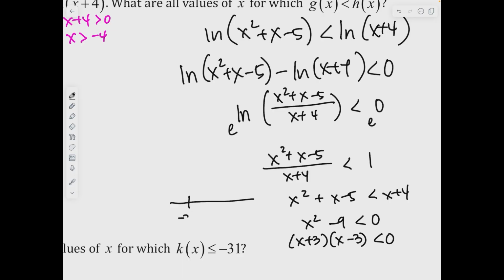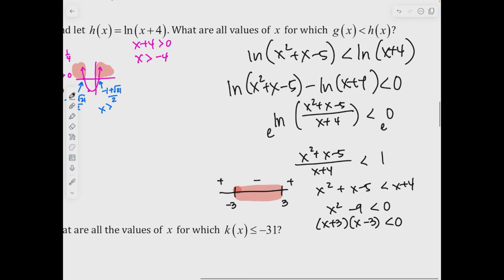So again, at negative 3 and positive 3, because this parabola opens upward, it's going to do that. And so therefore, my solutions, this is negative, this is positive, this is positive. My solutions are all within this piece right here. That's where my solutions are.